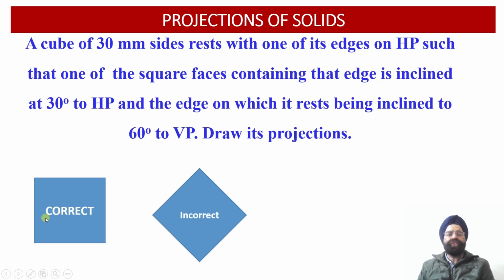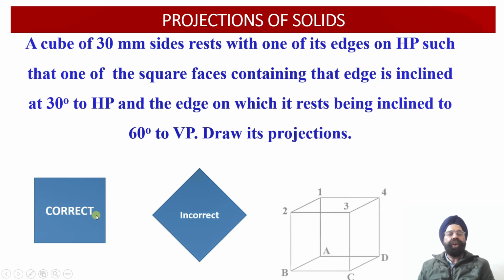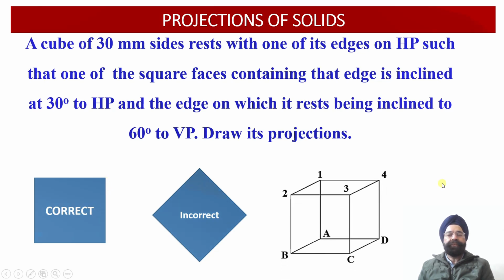So here if we choose this orientation, we will find that if we tilt the solid in either this orientation or this orientation, it will be resting on the base edge CD, or it will be resting on the base edge AB onto the horizontal plane. So this is the correct orientation of the solid.